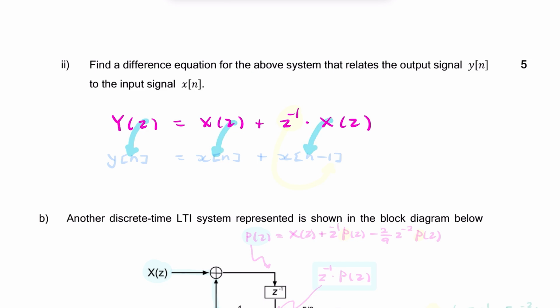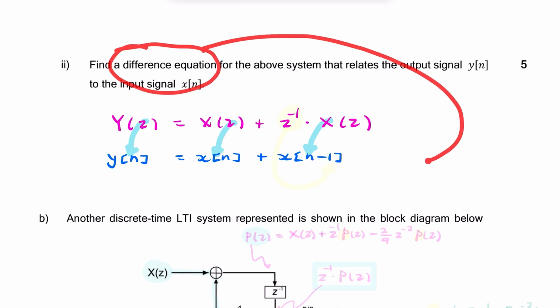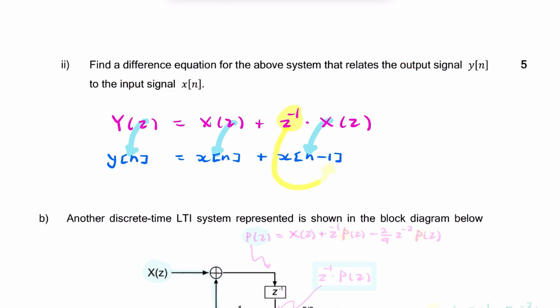So the simplest form of the difference equation would be y of n equals x of n plus x of n minus 1, because z to the minus 1 achieves a delay by one sample. So that's your difference equation.